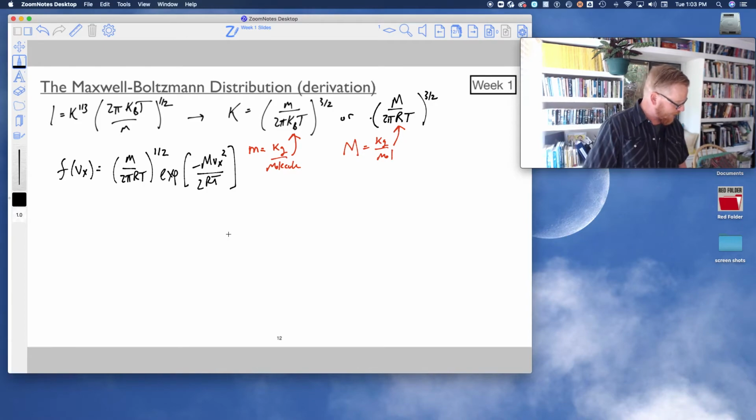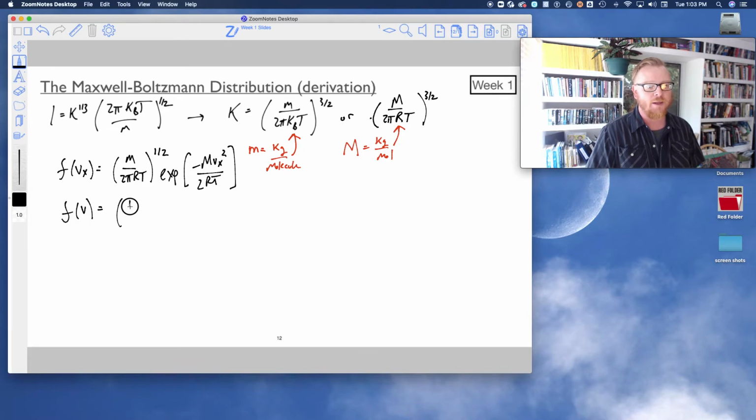And of course, we can combine this now for everything. And so when I do that, I'm going to write this as f of V now. And I recognize that this constant is going to get cubed because it's got 1/3 contributions to each dimension.